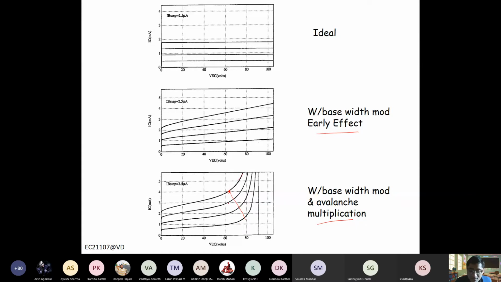Okay, so that means for high IC, breakdown actually takes place even before this BVCEO. So this is the BVCEO that is defined. So of course they will go here, but this is basically kind of a break.